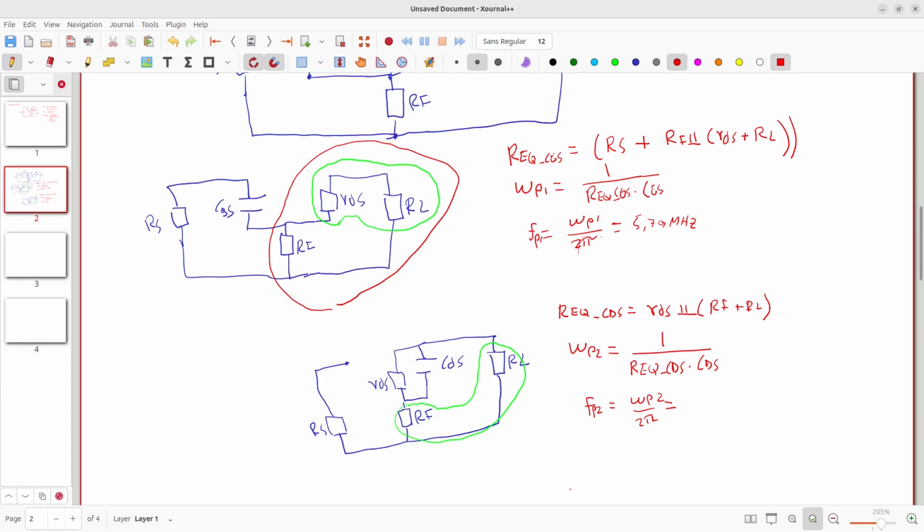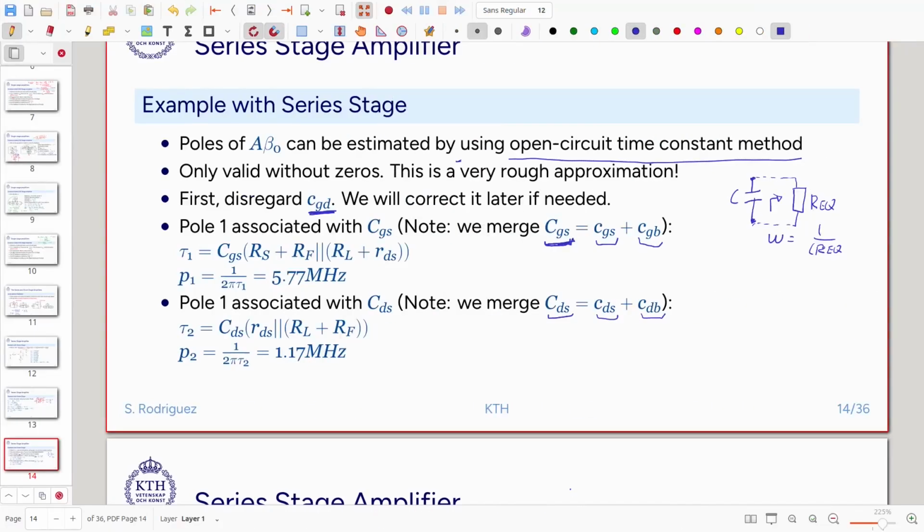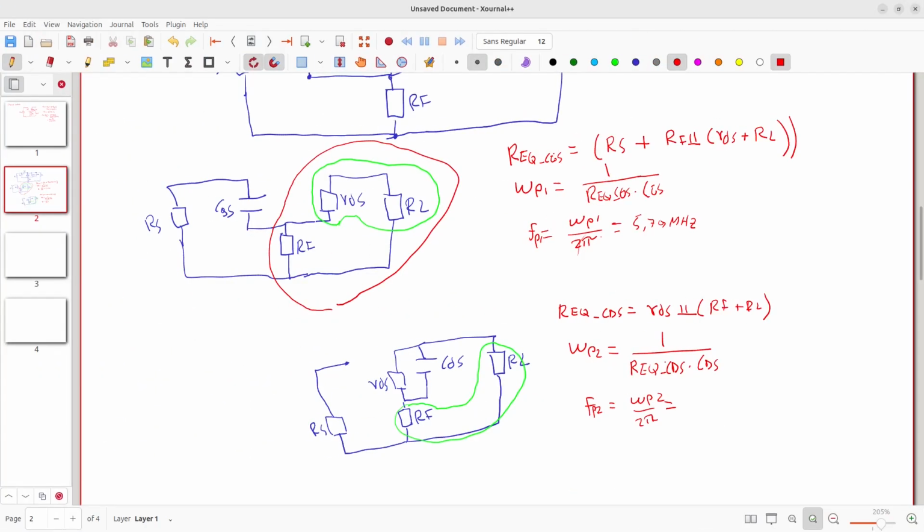For this one, that will be around 1.2 megahertz. Okay, so now let's take a look at what the simulator says.